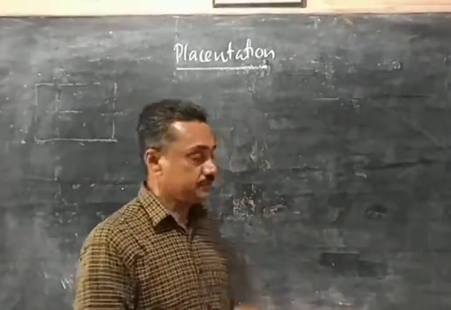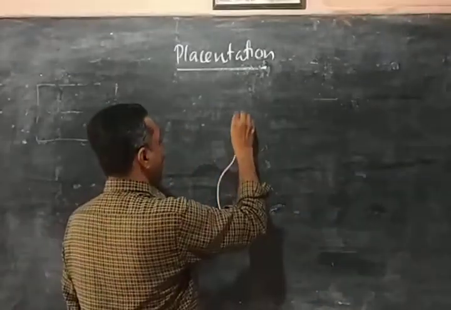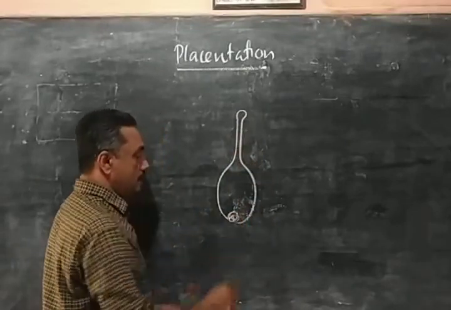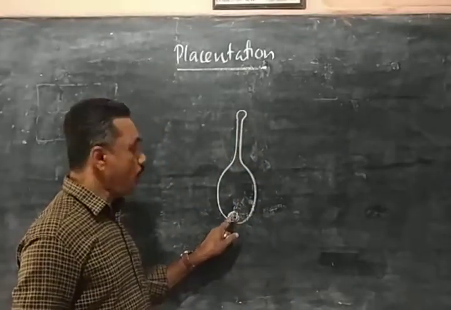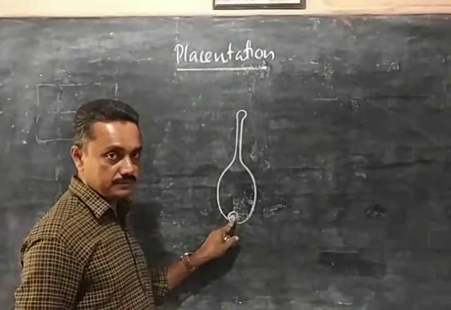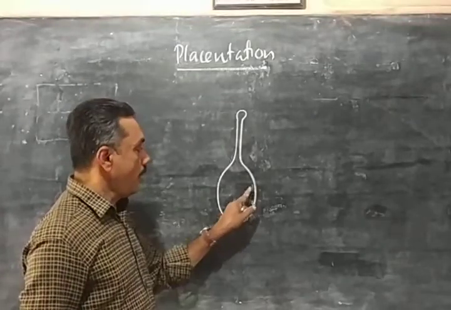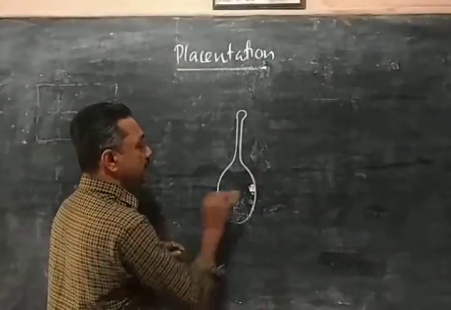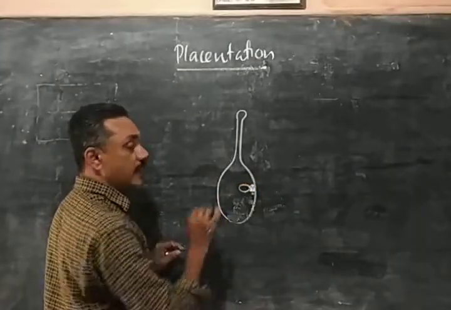I show that this is the ovary, gynoecium. There is a tissue called placenta. Placenta is here, so ovules are present on the placenta. In many plants, placenta is here, so ovules can be present in that region.